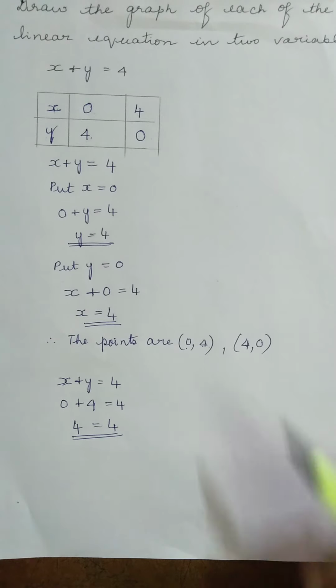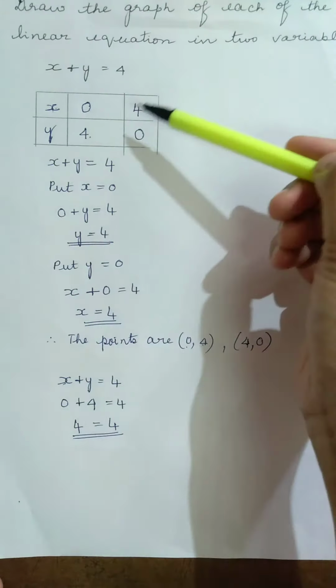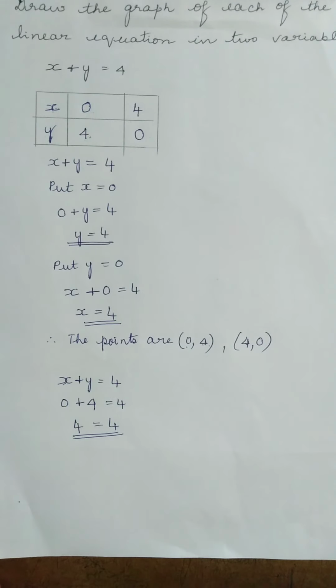Therefore (0, 4) and (4, 0) are the solutions of this linear equation x + y = 4. So whatever values we apply for x or y, when substituted in the main equation, we have to get the LHS and RHS values the same. Then we can say that those points are the solutions of that equation.